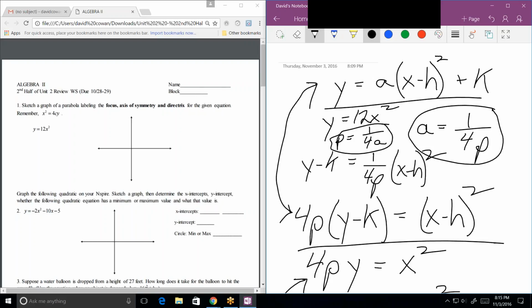What's the axis of symmetry? Wouldn't that be 0? x equals 0. Remember that the axis of symmetry and the directrix are both equations of a line. You can't just say 0. You'd lose points for that. You have to say x equals 0.